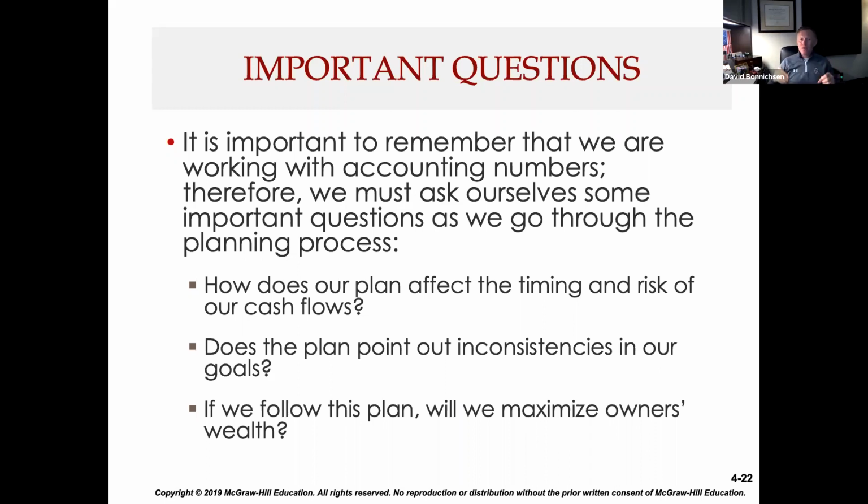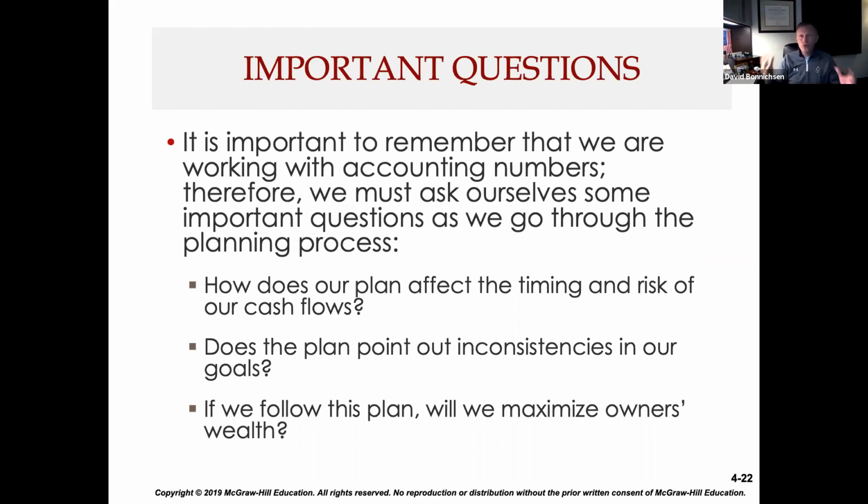How's the timing? How are the economic situations in the marketplace that we participate in right now? Are we in the bottom of a business cycle? Are we at the top of a business cycle? Those things will impact what those streams of cash flow look like over the period of time that we're forecasting on. Do we have any inconsistencies in our goals?